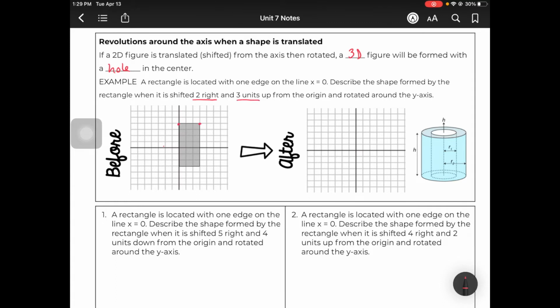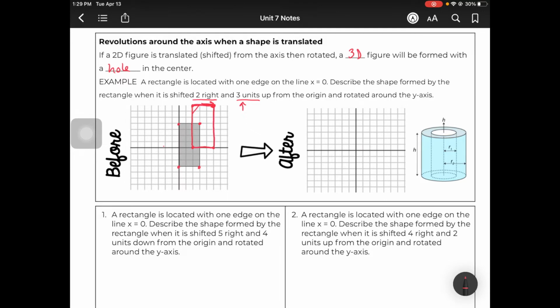I'm going to take each vertex and shift it to the right 2 and up 3. Start with this top right corner: right 2, up 3, puts it all the way up there. This top left corner shifts right 2, up 3, goes there. Then the bottom 2 vertices shift right 2, up 3 as well, and our rectangle moves over here.